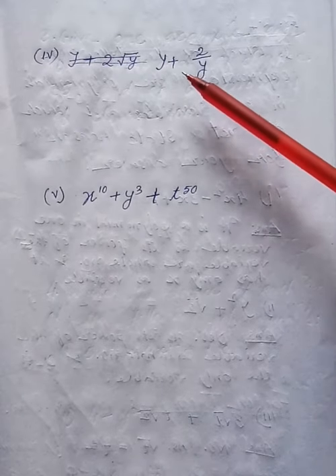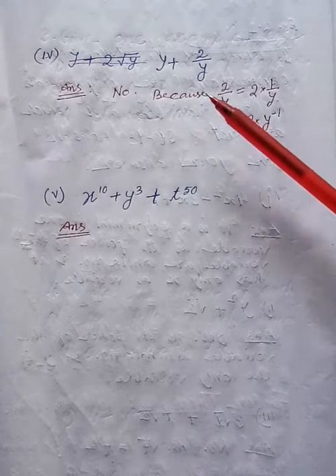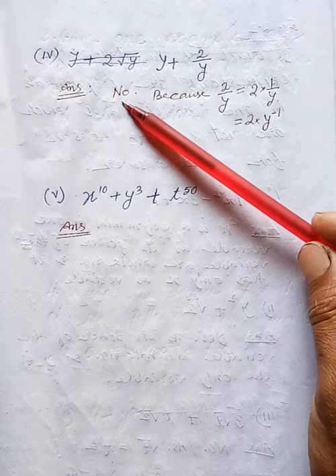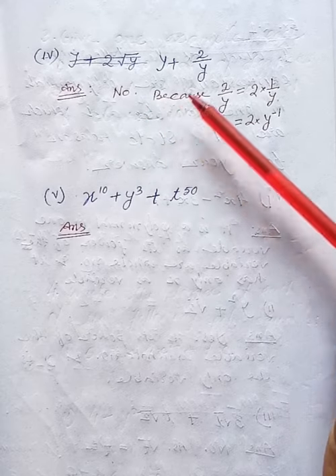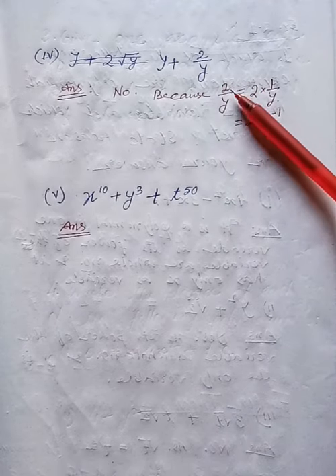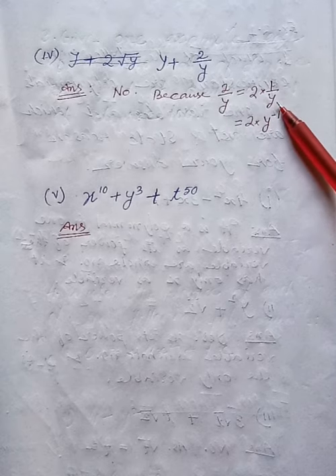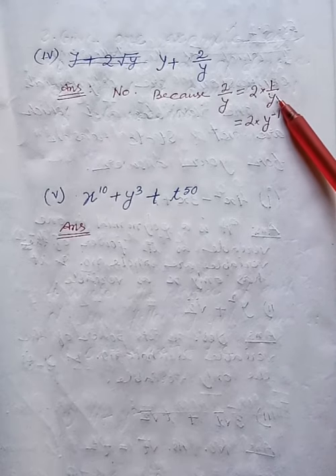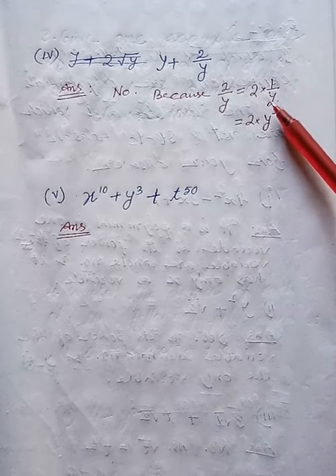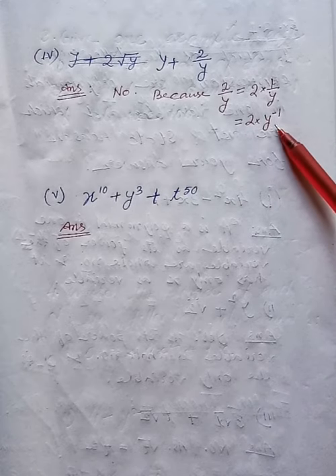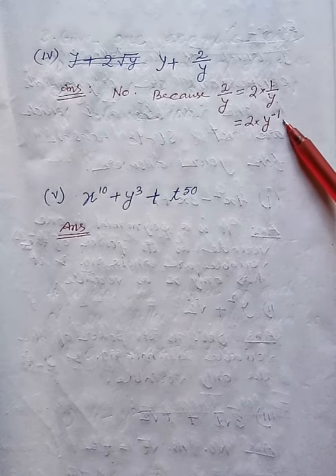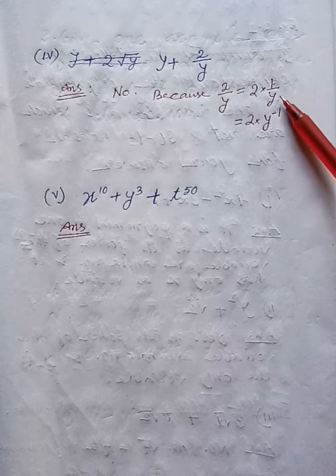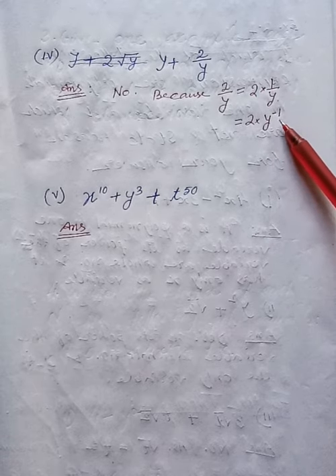For the next, y plus 2 by y. It is also not a polynomial, because of the term 2 by y. We can express 2 by y as 2 into 1 by y, and 1 by y can be rewritten as y to the power minus 1.